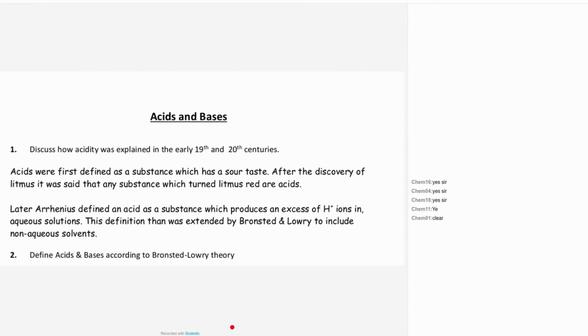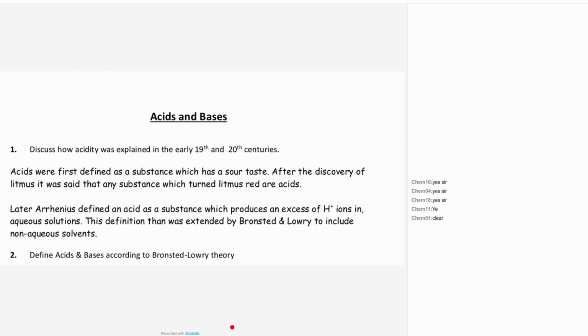In fact, the definition of acid in the early 19th century, at that point no litmus was discovered. So the test for the acid in the early 19th century was simply tasting it, right?